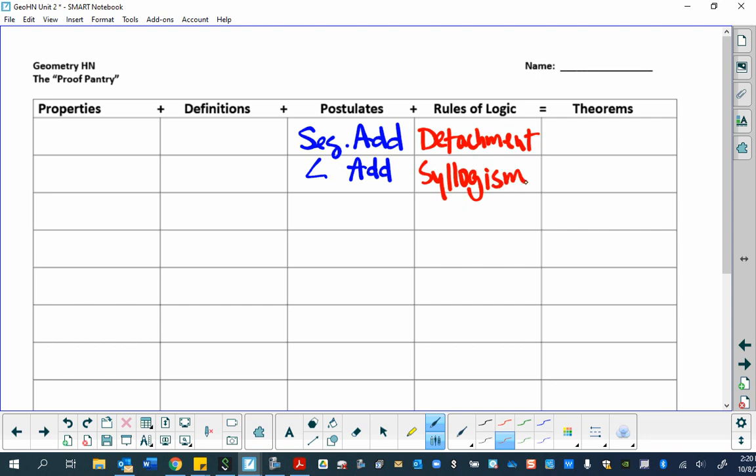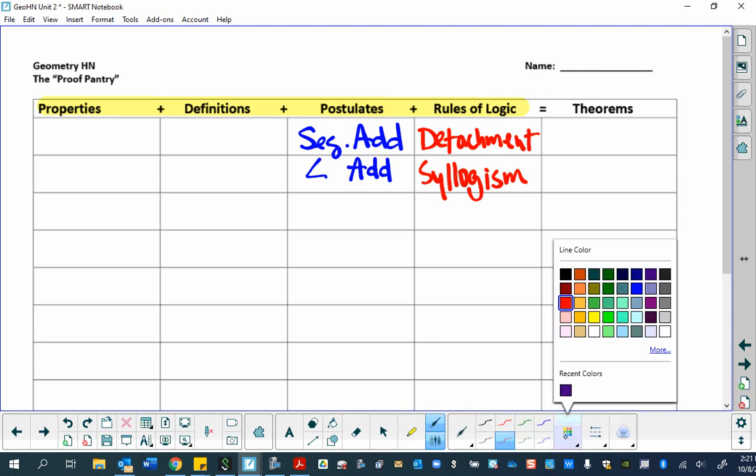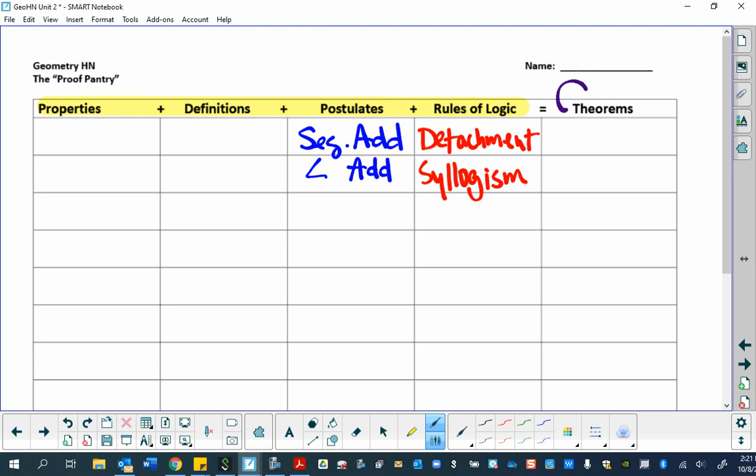But the understanding is, and what Euclid's goal for us was, if we had precise definitions, postulates, givens, we can use those things to prove hundreds and hundreds of theorems and truths that we can figure out.